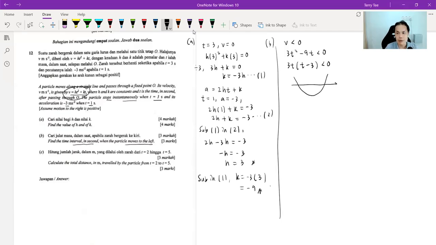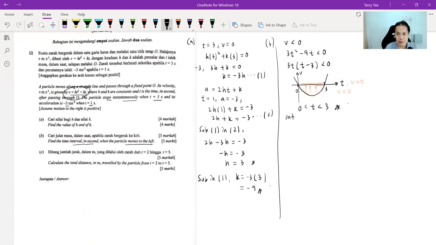Let's sketch our graph. Yes, the roots are 0 and 3. Now notice, I hope you know this by now, we are treating the whole thing as v, if you like. v is less than 0 in this region here, where it falls below the t-axis. At the t-axis, v is equal to 0. Below the t-axis, v is less than 0. So the range of values of t is between 0 and 3, right? So we say t is between 0 and 3.